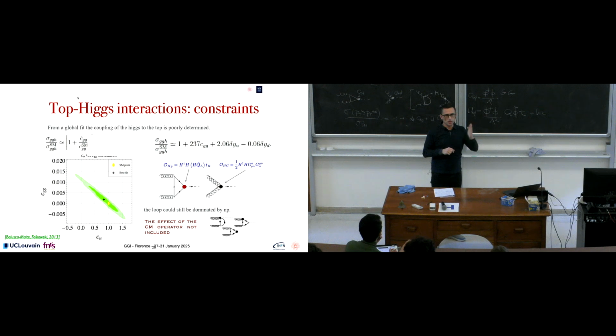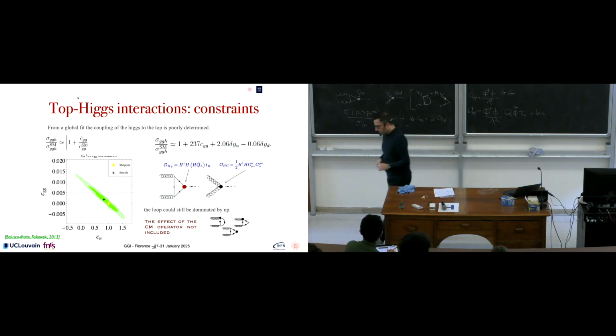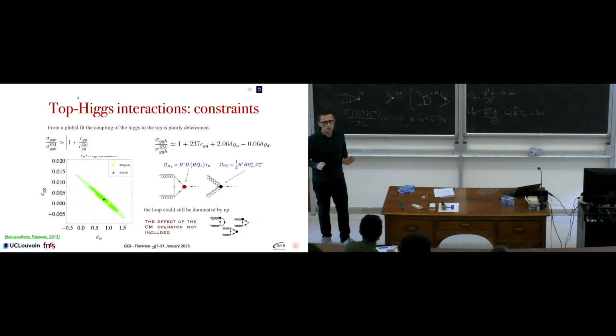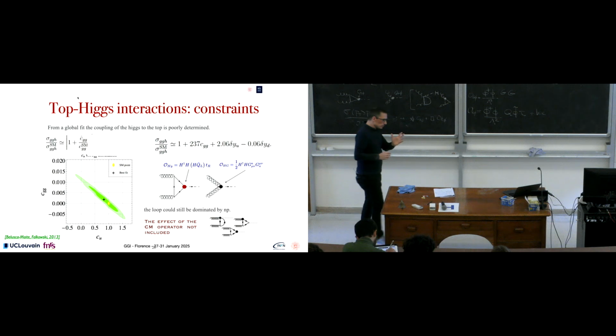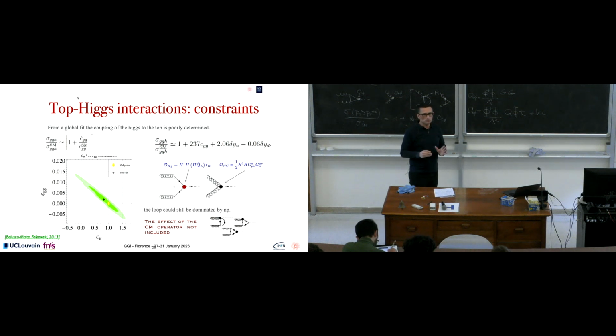So order by order in 1 over lambda squared, the SMEFT is renormalizable as dimension 4. Okay, so that's what changes the perception a bit, right? It's renormalizable with respect to the gauge interactions. You cannot put more than one insertion in your diagrams.